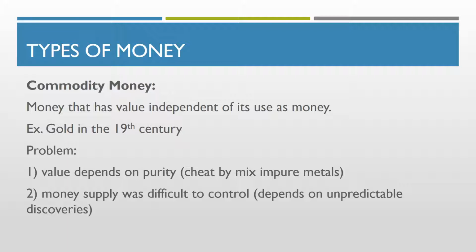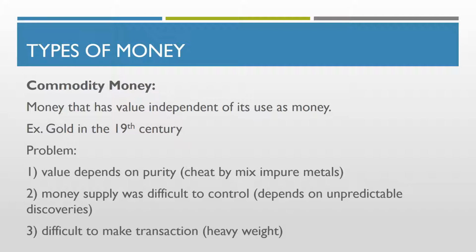Compared to another year where we find no new gold mine in the world, the money supply will not change. So the gold supply is very unpredictable compared to something that can be made by a government authority. It also makes it very difficult to make transactions with weights of gold.